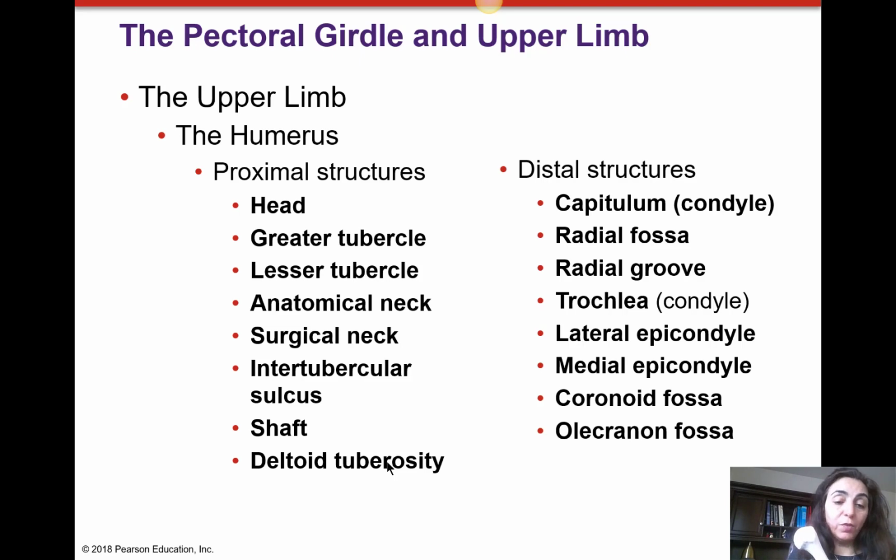Tuberosity is a rough surface over the bone. Tubercle, tuberosity, those are all rough surfaces, just different in size, whether small or bigger, right? But we need a rough surface over the bone whenever a muscle is going to attach to it. Otherwise, the attachment won't be strong. If it is a smooth, shiny surface, the muscle can be detached, right?